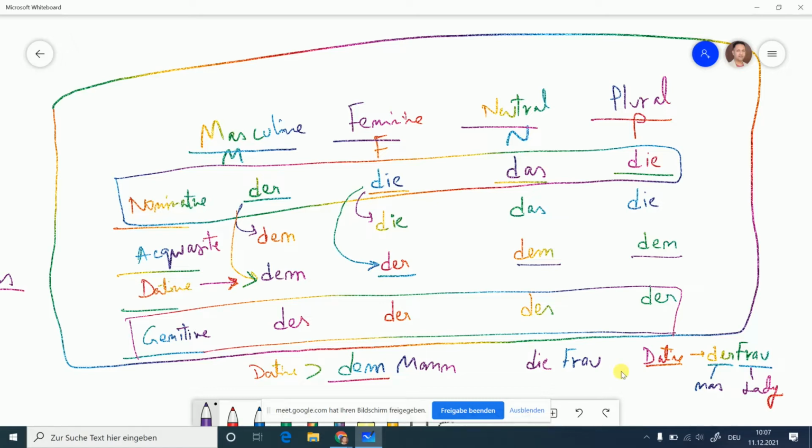So what I showed here was just write masculine, feminine, neutral and plural like this, and just write nominative, accusative and dative like this. I'll rather make a new table and show it to you once again.